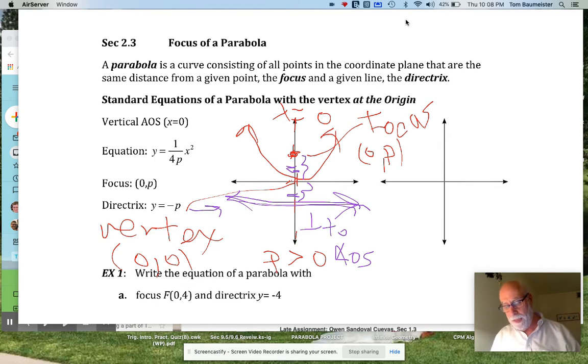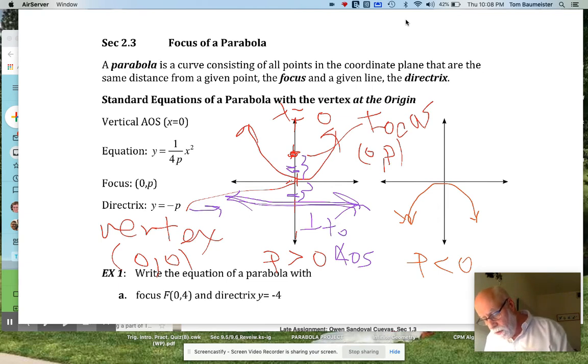So that's when p is greater than 0. When p is less than 0, remember our parabola will open down. And again, I'll still have a focus here at (0, p).